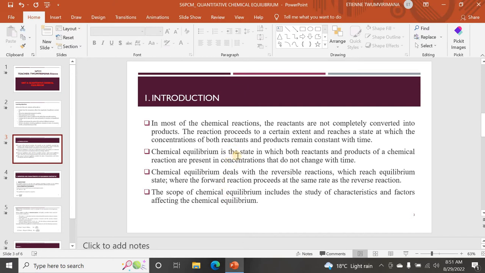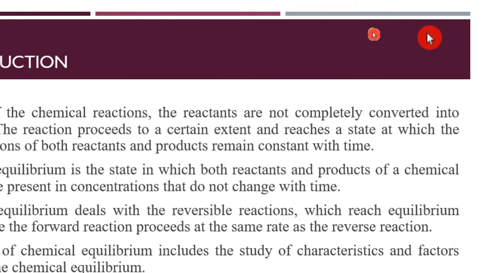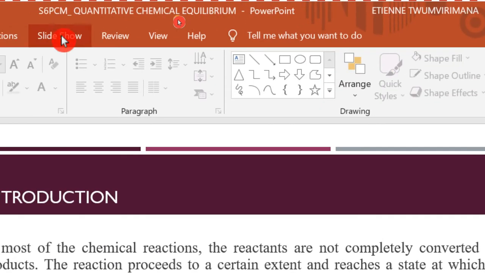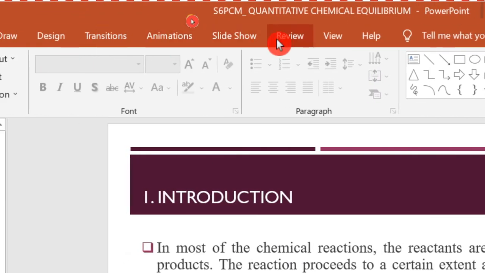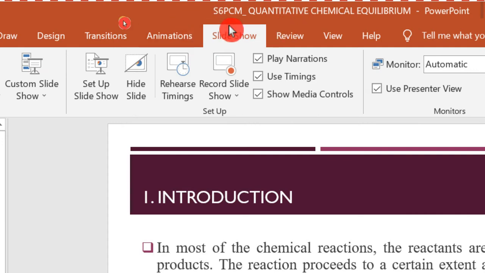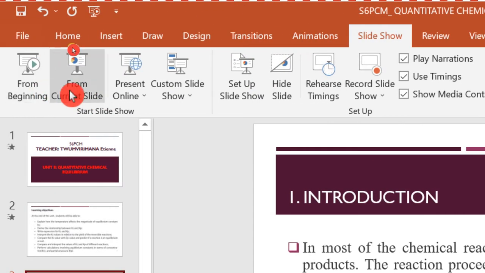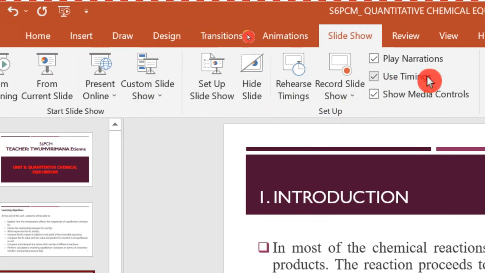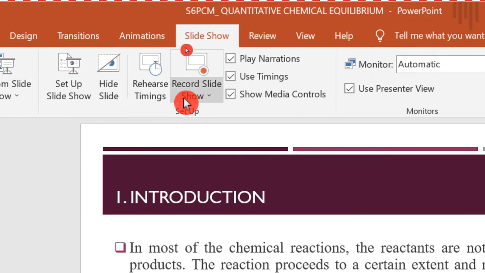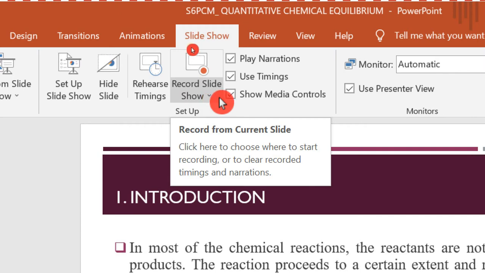Now, to turn this into a video, I need to go to Slide Show. You can see here I have Slide Show at the top. Within Slide Show there are different tools, and one of them is Record.